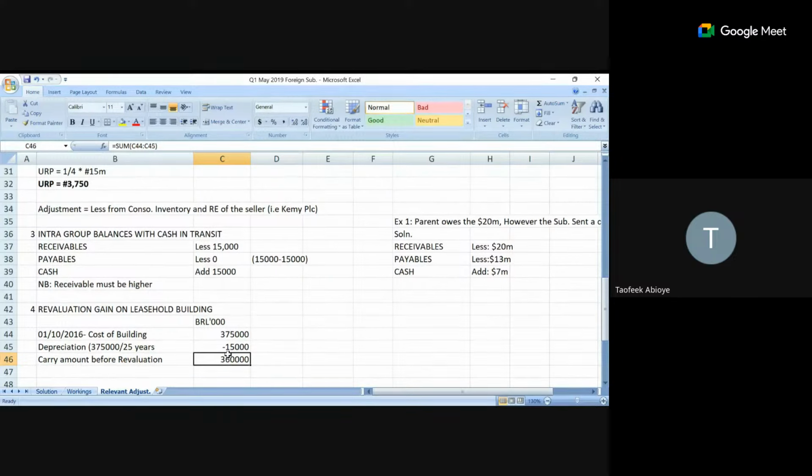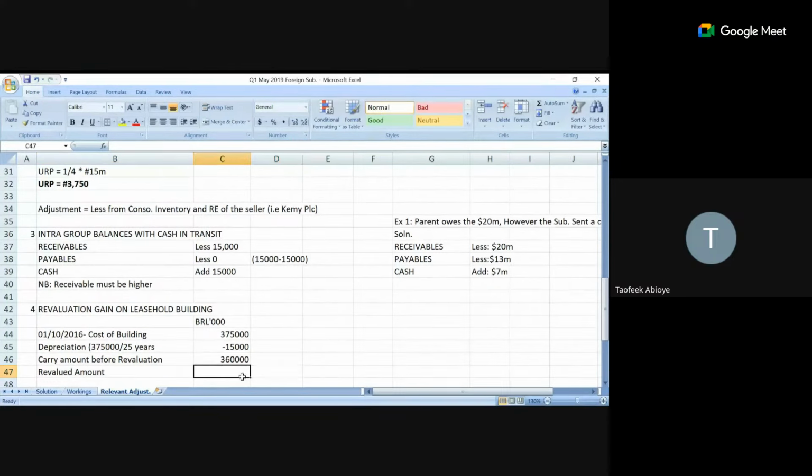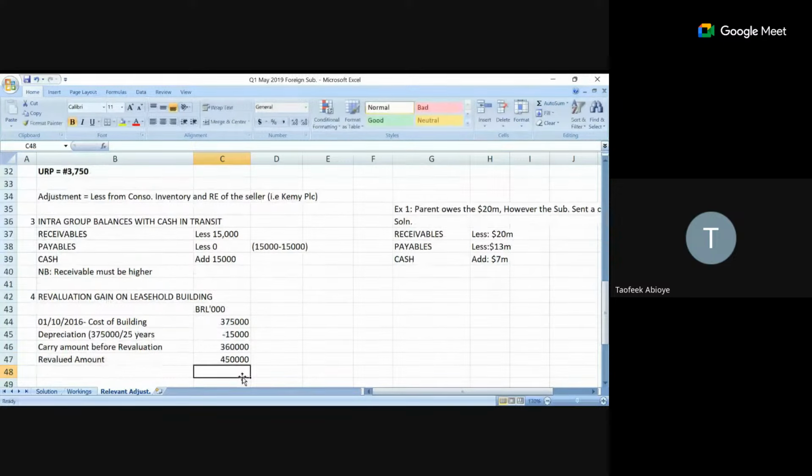Then what does the examiner say again? The examiner said they revalued it. Revalued amount, for how much? The examiner said they revalued it for 450,000. So there's a revaluation gain of how much?